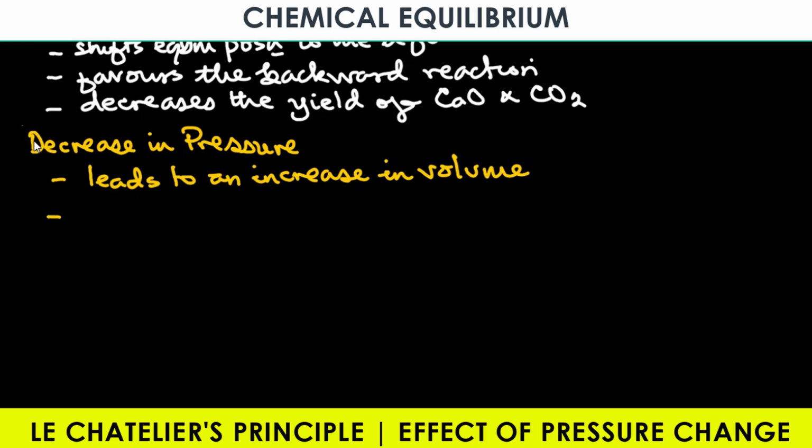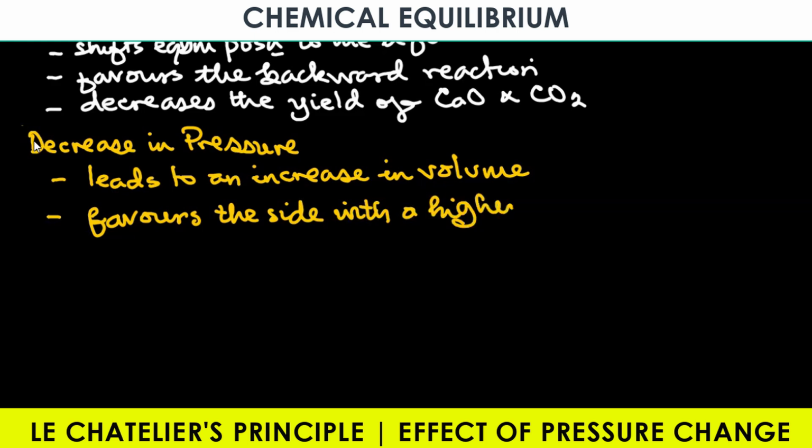An increase in volume is directly proportional to an increase in number of molecules, is it not? So this action will favor the side with a higher number of gaseous molecules.